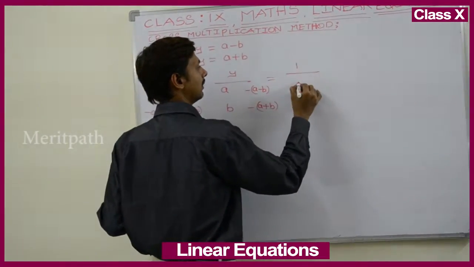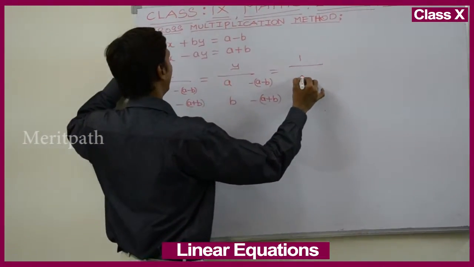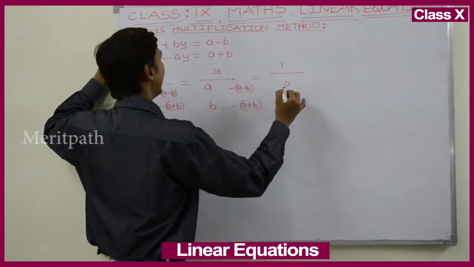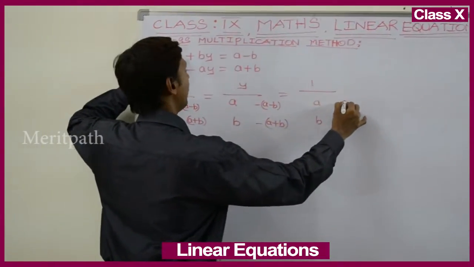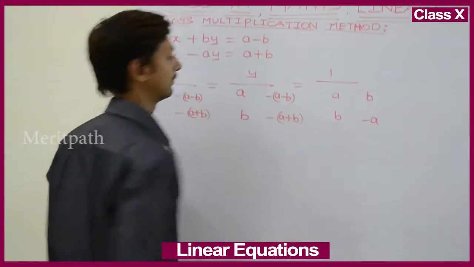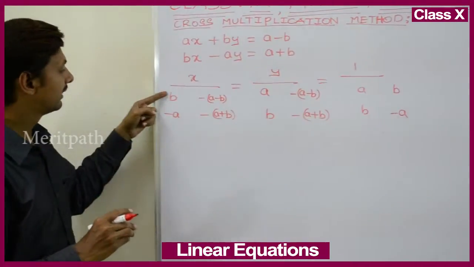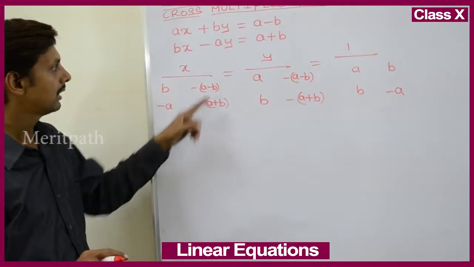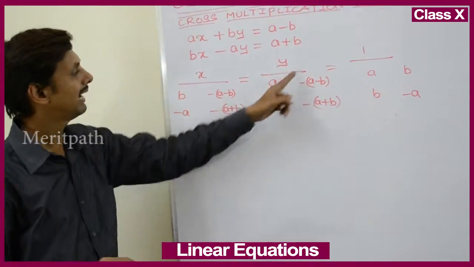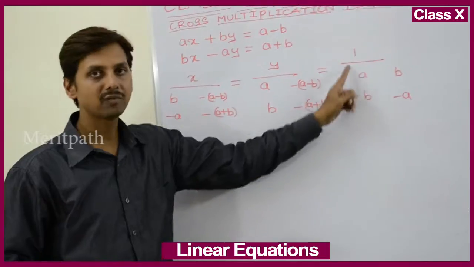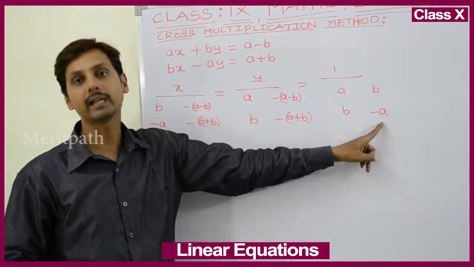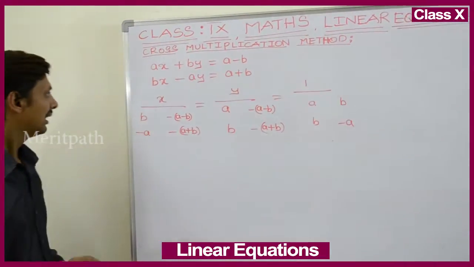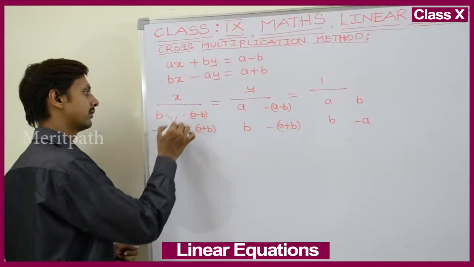Here, coefficients of x are a, b, and coefficients of y are b, minus a. These are the coefficients of y and constants, coefficients of x and constants, coefficients of x and coefficients of y.